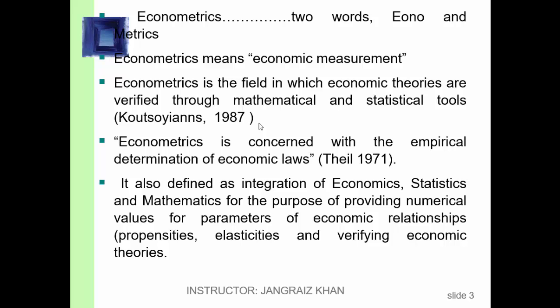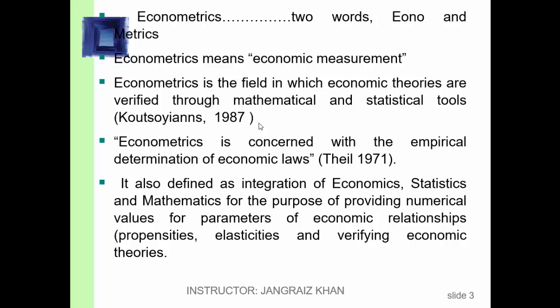According to another definition, econometrics is concerned with empirical determination of economic laws. Basically, economic laws are presented, and these laws are verified through the field of econometrics through empirical investigation.